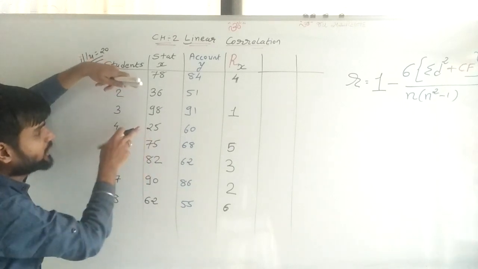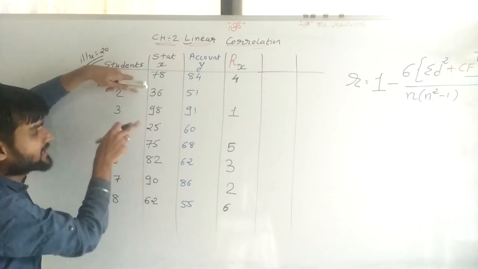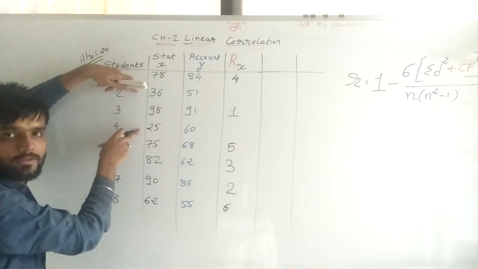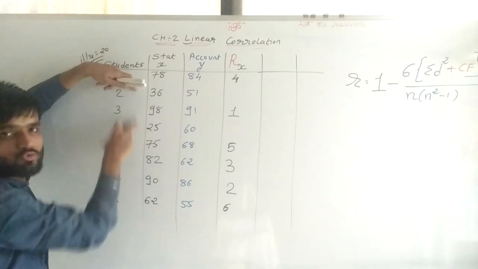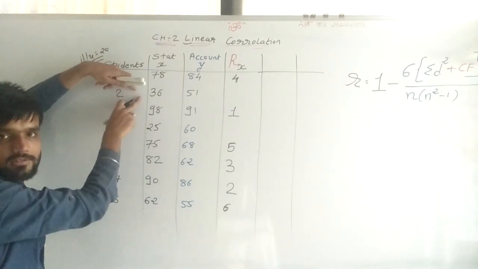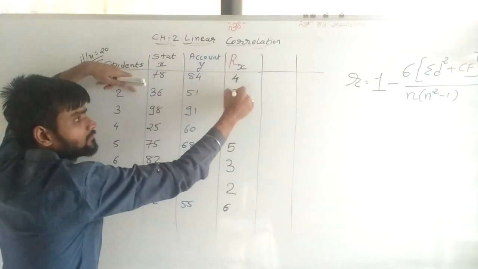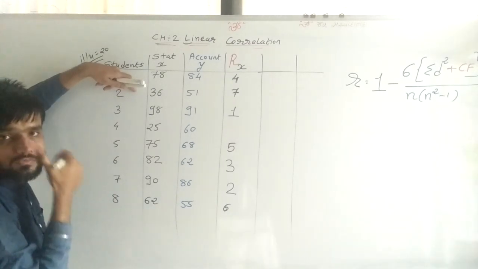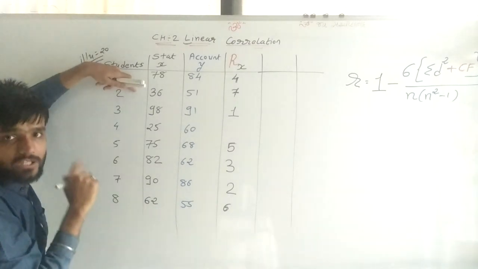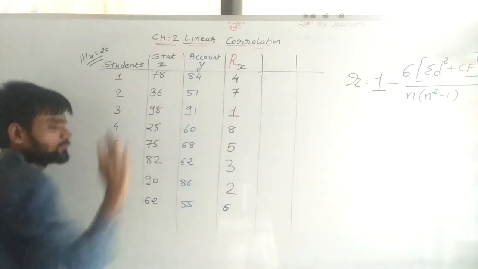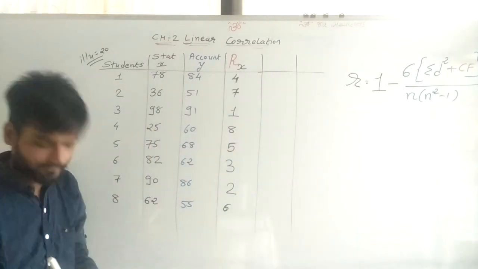Now sir, there are only 2 remaining, 36 and 25. Other students are already given the rank. Now from these two, sir, 36 is highest. So then give 7th rank to the second student, and 8th rank given to the 4th student.